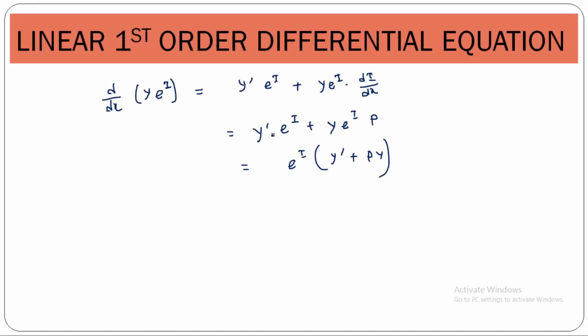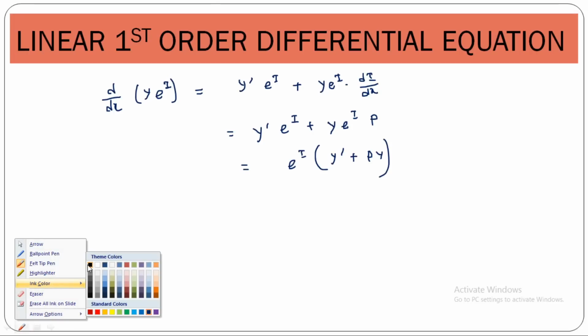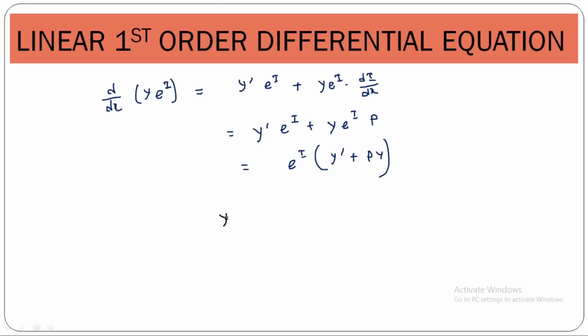So if you substitute this value in equation 1, we have from the first equation the differential equation y' + py = q, and we can see this y' + py.